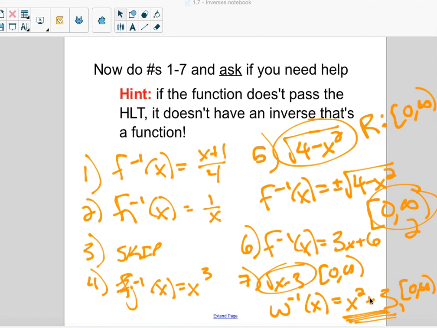Because you don't want the full parabola. You actually just want a half. So if this was a full parabola, well, this is the square root, so these two things are not reflections of each other. However, if you erased negative infinity to 0, now all of a sudden these are reflections of each other, and that's exactly what you want. So a little tricky, a couple curveballs in there.